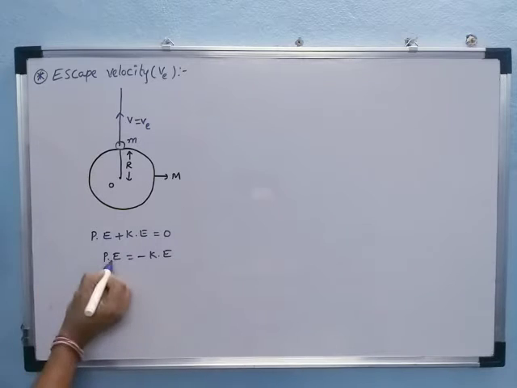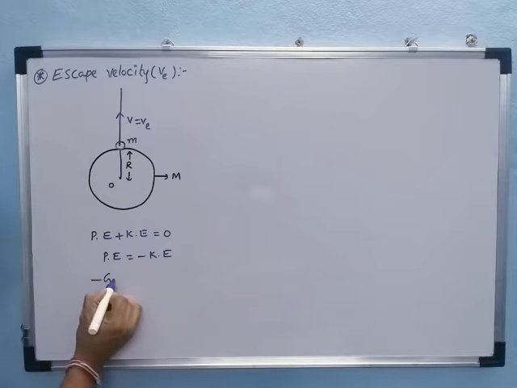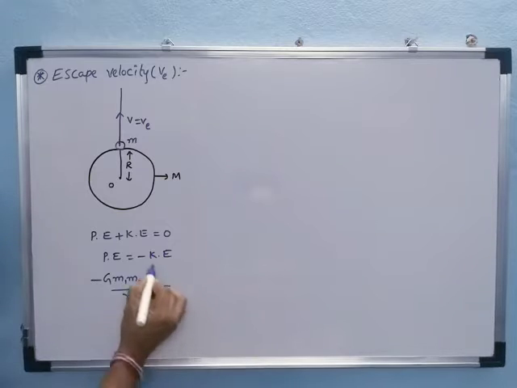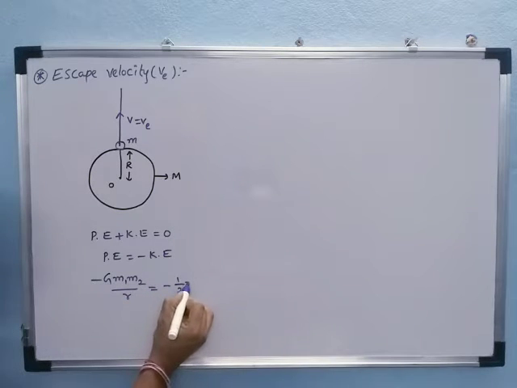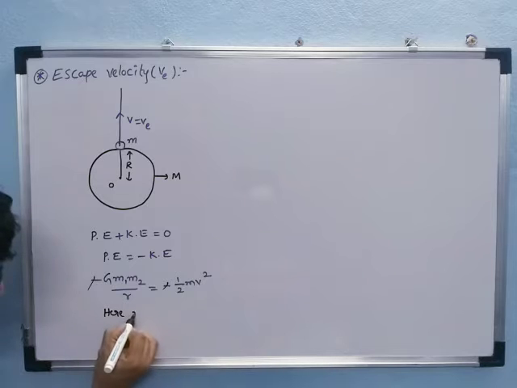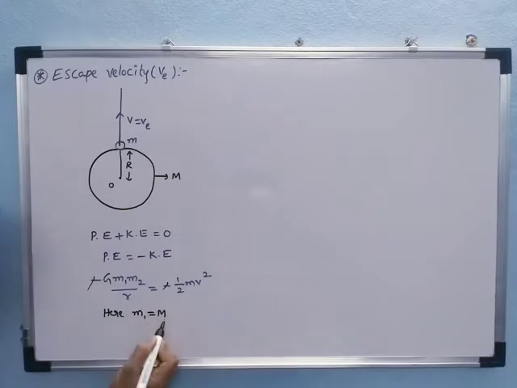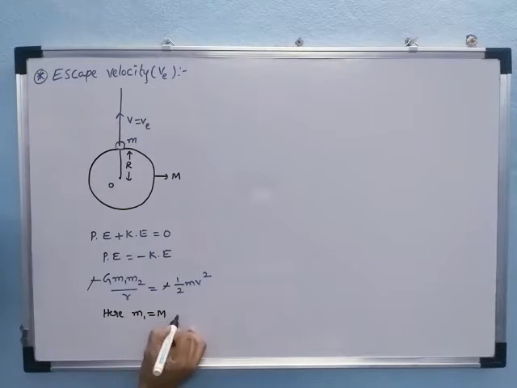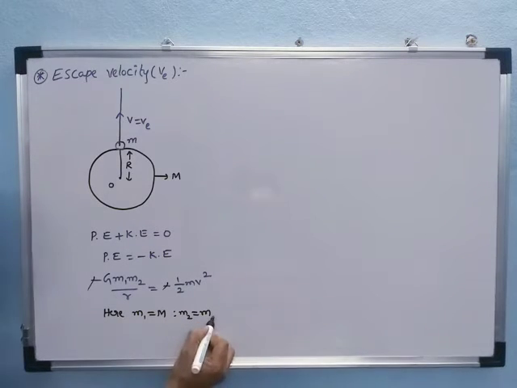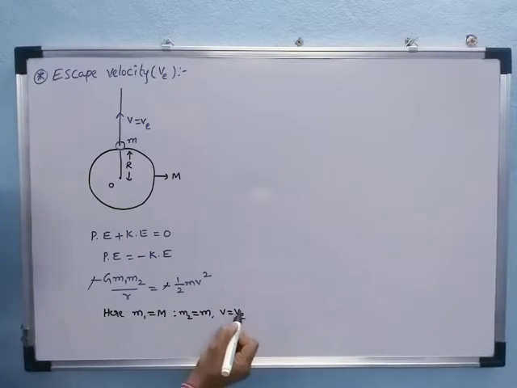What is the formula for the gravitational potential energy? Minus G m1 m2 by R is equal to the kinetic energy, whose formula is half m v square, and here the minus gets cancelled. Also, the mass m1 is equal to capital M, the mass of the Earth, and m2 is equal to the mass of the object, small m, moving with velocity v equal to ve.